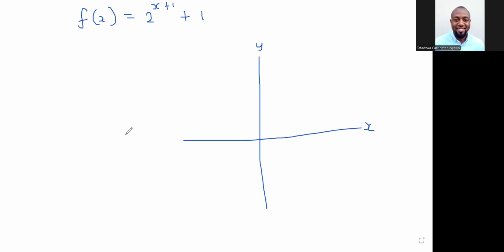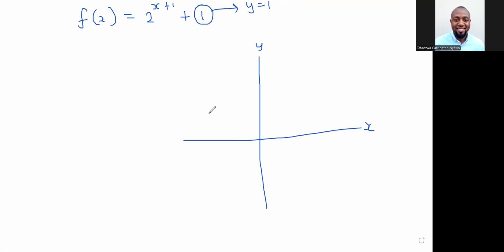And then I draw my horizontal asymptote, which is the q that I mentioned.